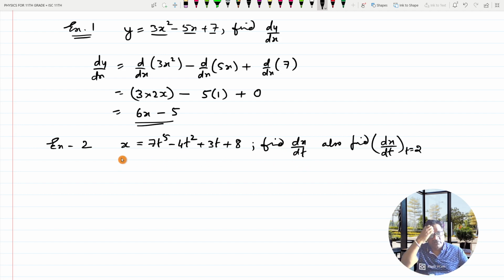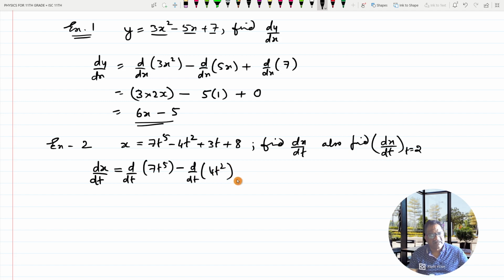To find dx by dt, I'll find d by dt of 7t raised to 5, then minus d by dt of 4t square, then plus d by dt of the next term 3t, and then plus d by dt of 8.